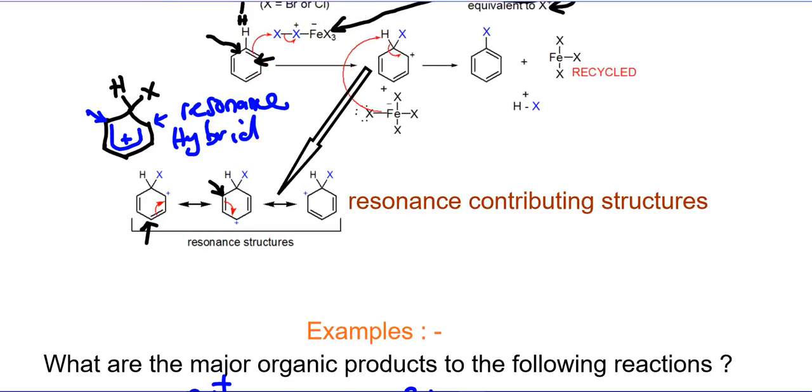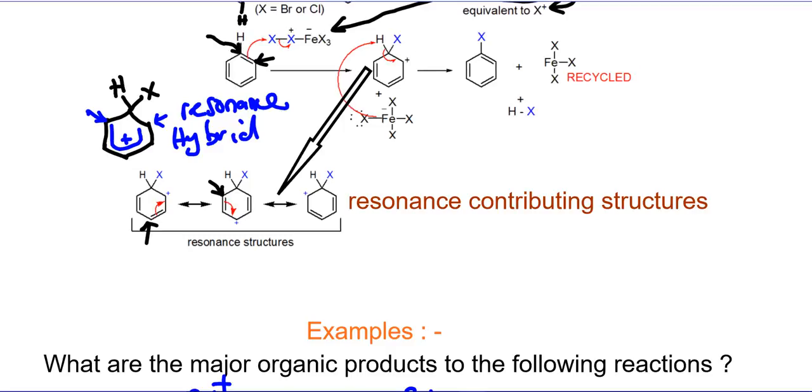So this step right here is called rearomatization, because you're forming the aromatic ring. The ferric trichloride or tribromide is recycled from this step. That's why it's only used as a catalyst.